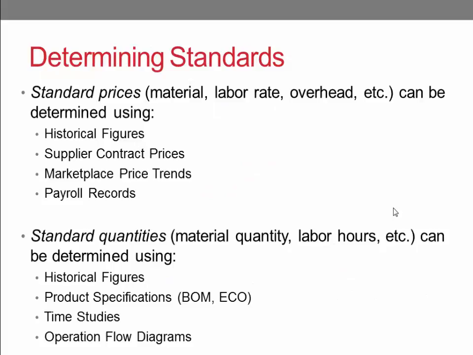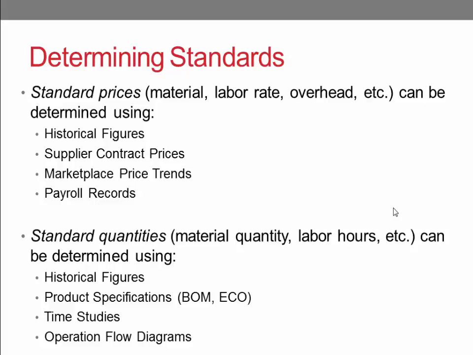So how are standards determined? Standard prices are essentially determined using a couple of different methods: historical figures, which is taking past figures to forecast the future, supplier contract prices, marketplace price trends, and payroll records.